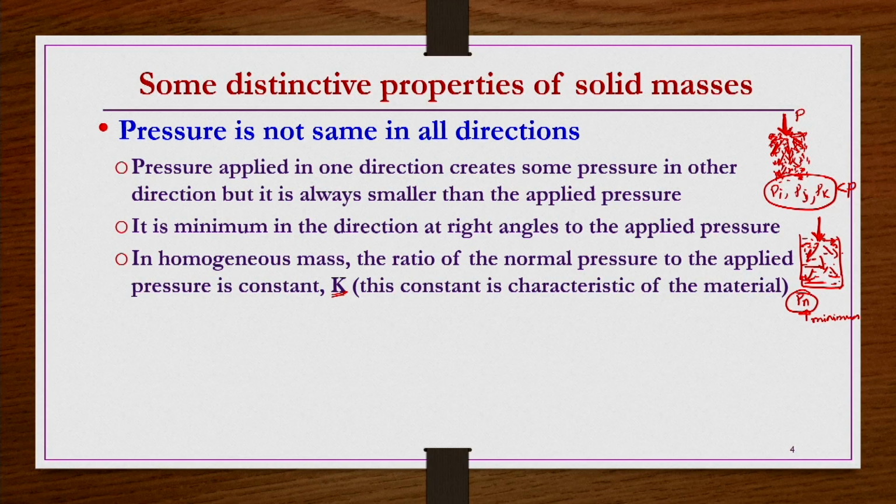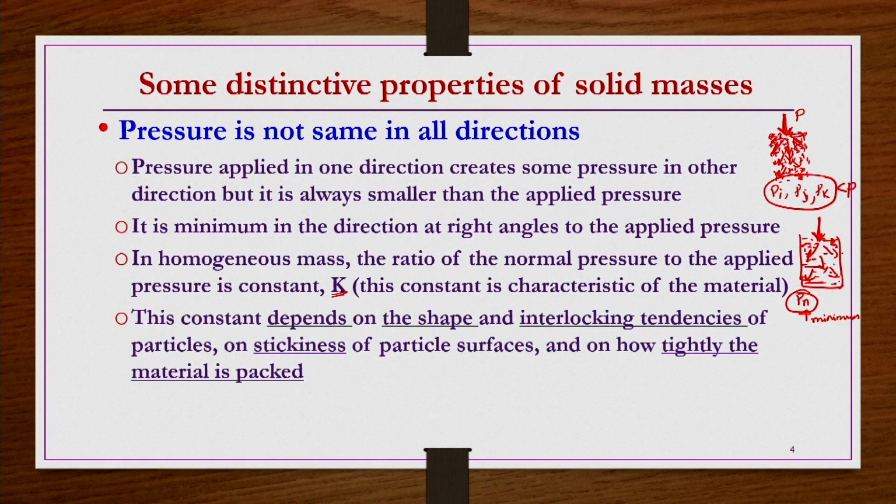For a given material, if it is a homogeneous mass, that is, the same material and not a mixture of solids, then the ratio of the normal pressure to the applied pressure is going to be a constant, and it is a characteristic of the material. So, K is nothing but Pn by P, as per the notations we have used.